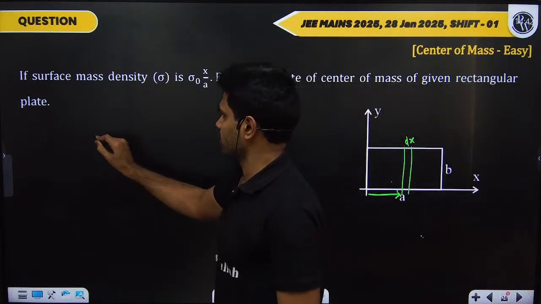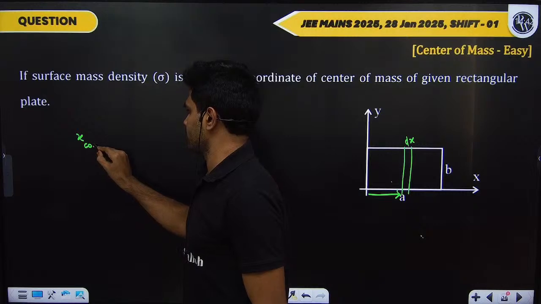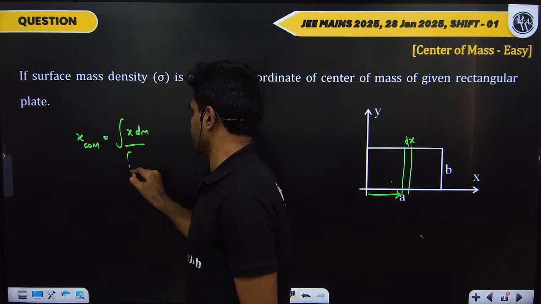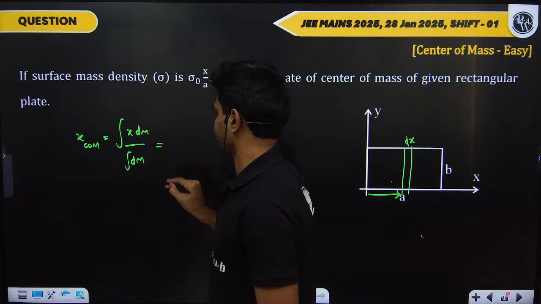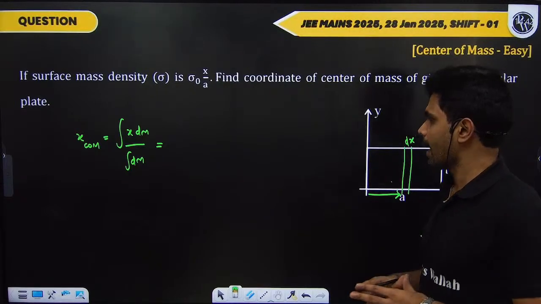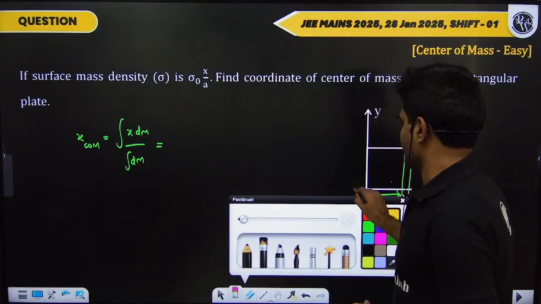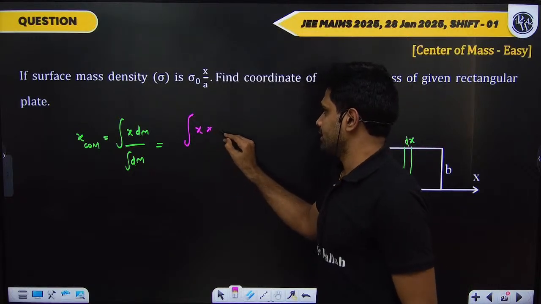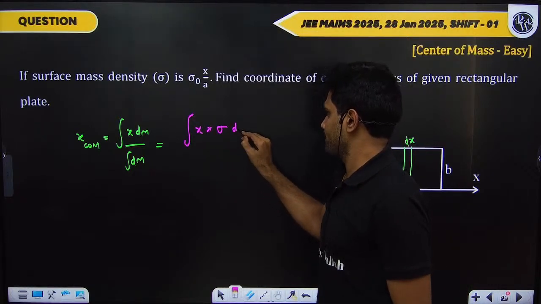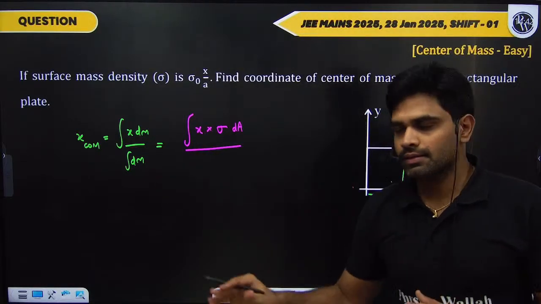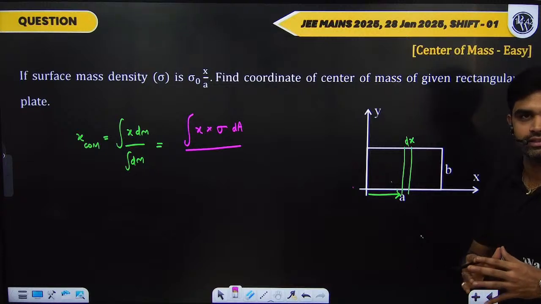What is the formula for center of mass? Integral x dm by integral dm. What is dm? dm is sigma into dA. Sigma is dm by dA, so dm is sigma times the small area dA.